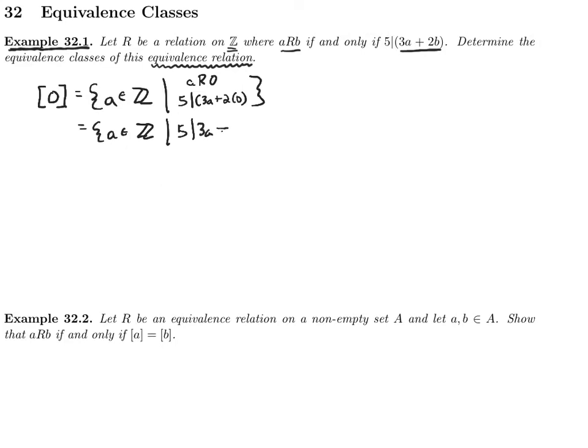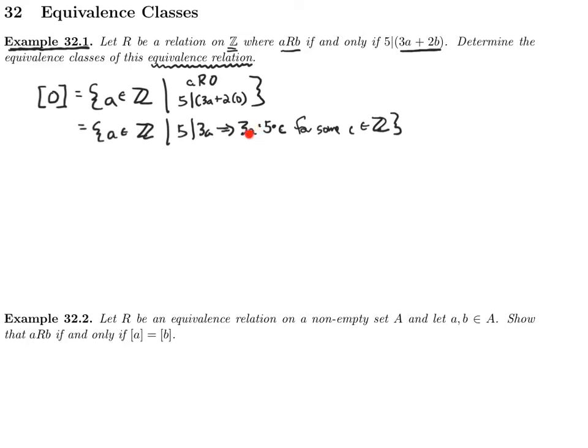And that's the same thing as saying that I can write 3a as 5 times some integer, let's say c, for some integer c. So this means that 3a has a factor of 5. Well, 3 doesn't have a factor of 5, of course, and 5 is prime, so it must mean that a has a factor of 5.